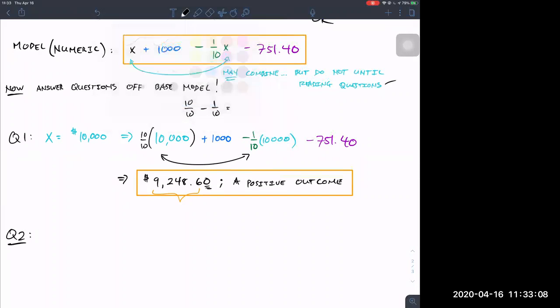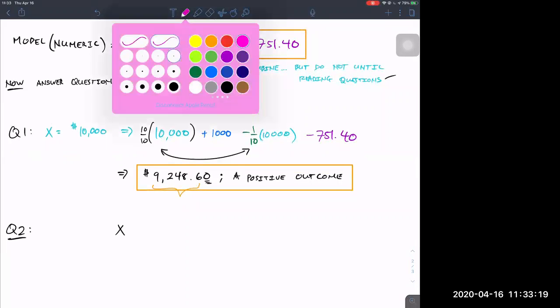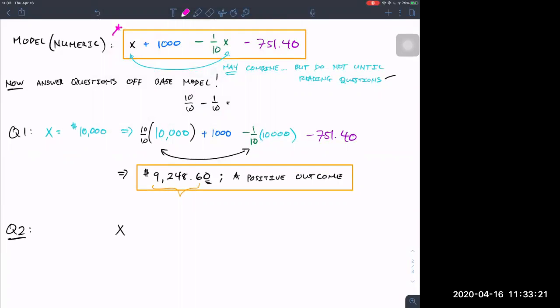So you can see what's going to follow through. The X comes through, right? We're looking at the base model right here. Let me use a different color. Pink star here, right? So we're looking at that base model, and then we're going to carry over what makes sense. So we still have some kind of income. We no longer have that $1,000 stipend because that's going to be every other month.